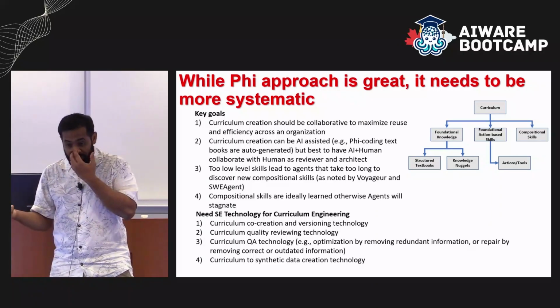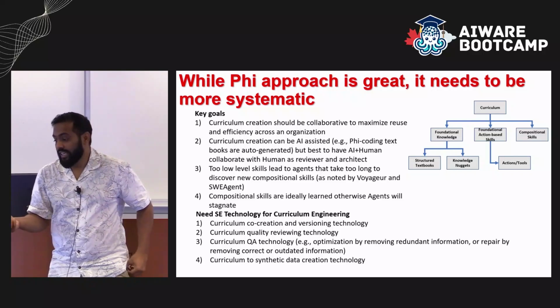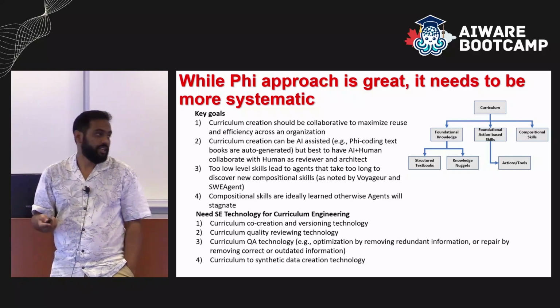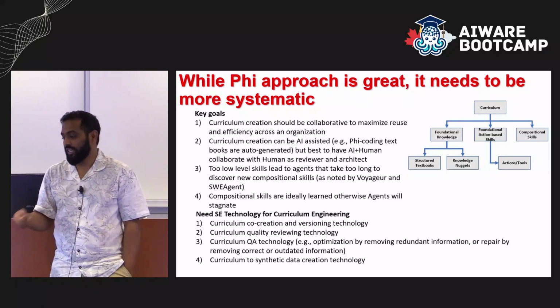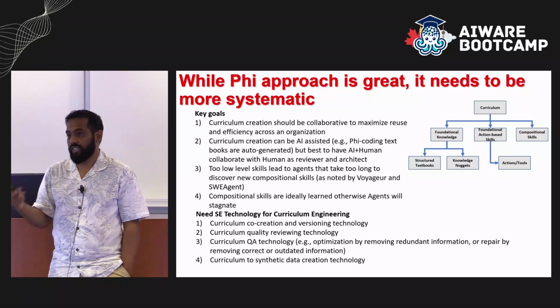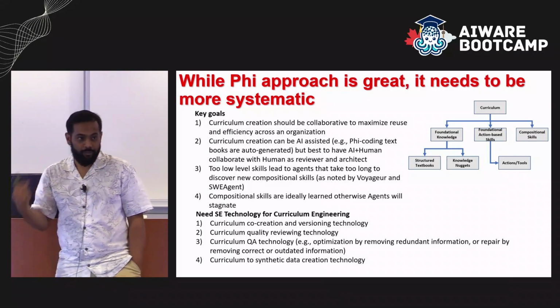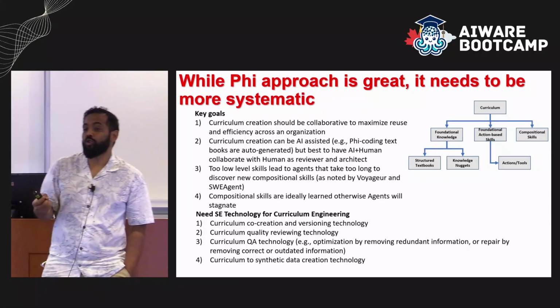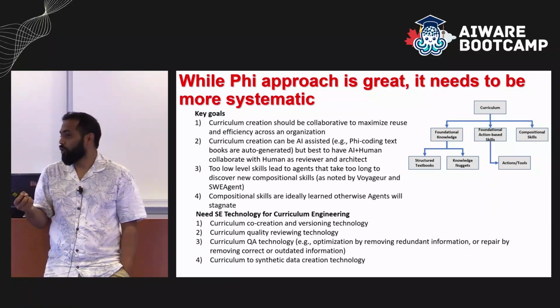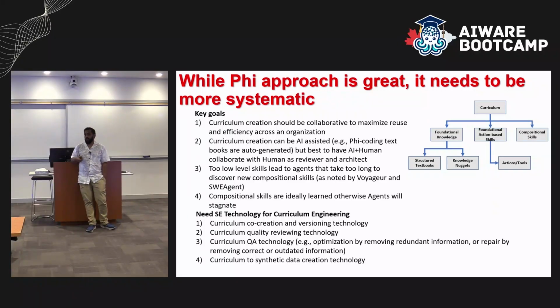And for all of this, we need a lot of new software engineering technologies too. We need curriculum co-creation methods. We need to start versioning these curriculums. We know how to review code, but now what does reviewing a curriculum mean? And what is quality assurance for curriculums?